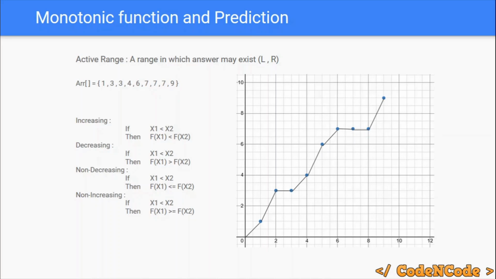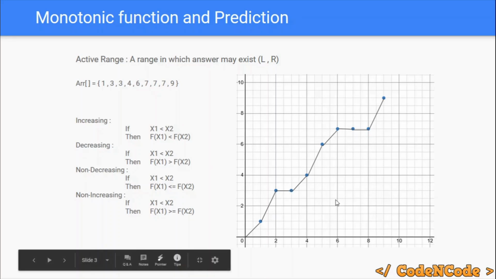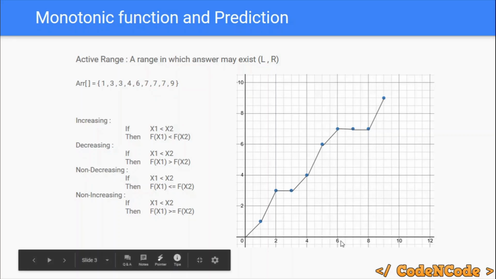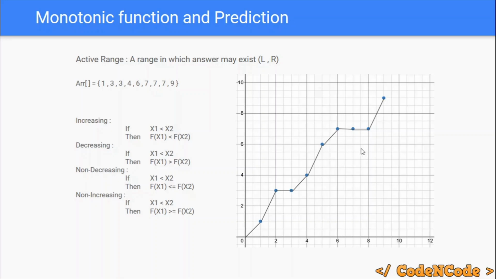That is why this function is called non-decreasing, because it doesn't decrease. Once it reaches a certain point, like at index 6 we have reached value 7, all of the points on the right side from index 6 will be either equal to 7 or more than that. They will never decrease. That is why the function is non-decreasing.